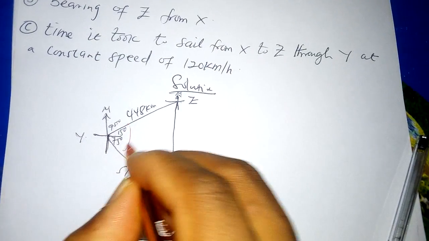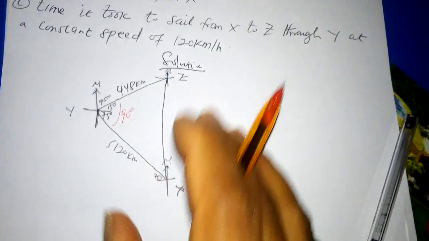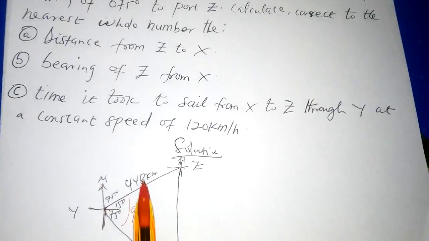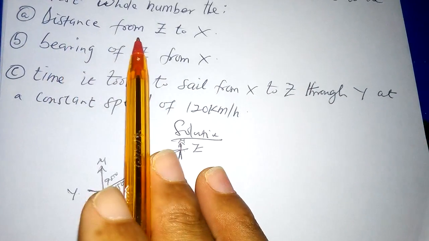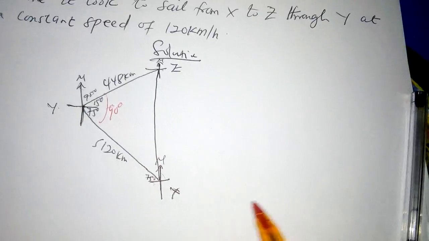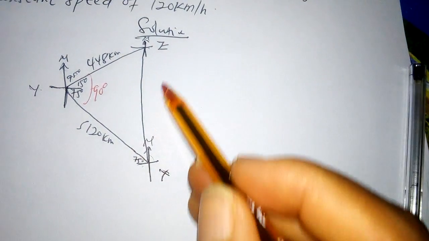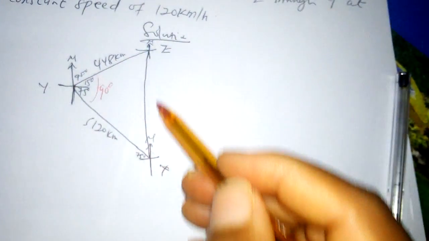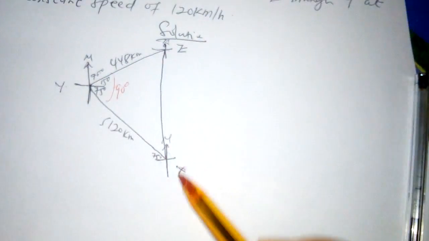You can see that here is 90 degrees, therefore this triangle becomes a right angle triangle. We are asked to find the distance from Z to X, so we want this distance. The 90 degrees is facing this side, so this side becomes the hypotenuse. So we use the Pythagoras theorem to solve this.